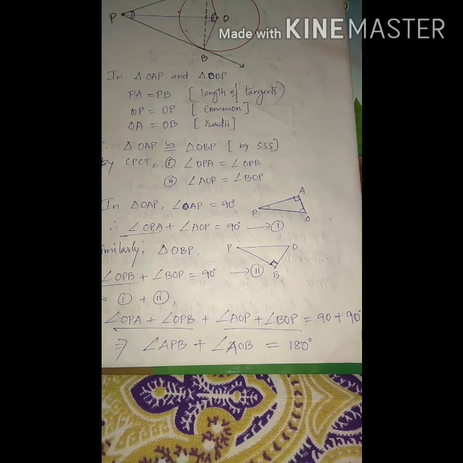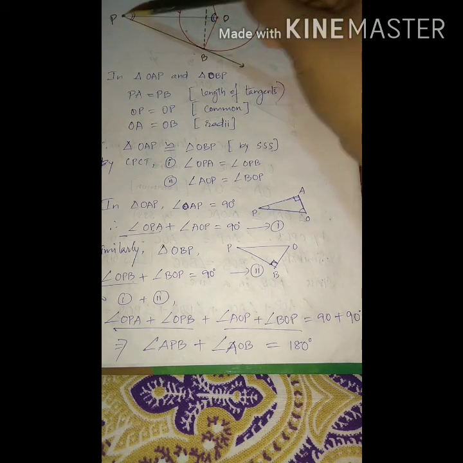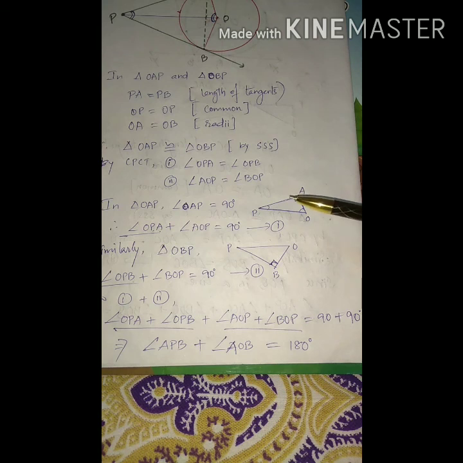Now, if you see this triangle, first of all we have to consider this triangle OAP. Since A is the point of contact, O is the center and PA is what? Tangent. So that means this angle is how much? 90 degree. So if you draw this one separately, here you see the diagram drawn OAP. That means A is the point of contact, so that means this angle is 90 degree.